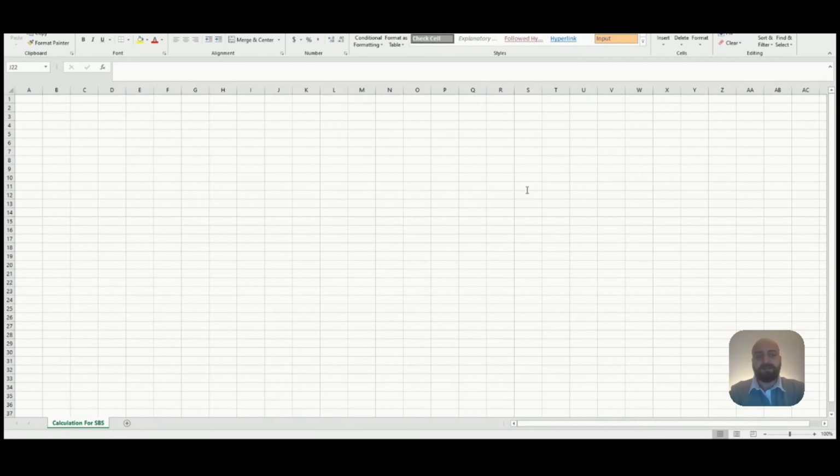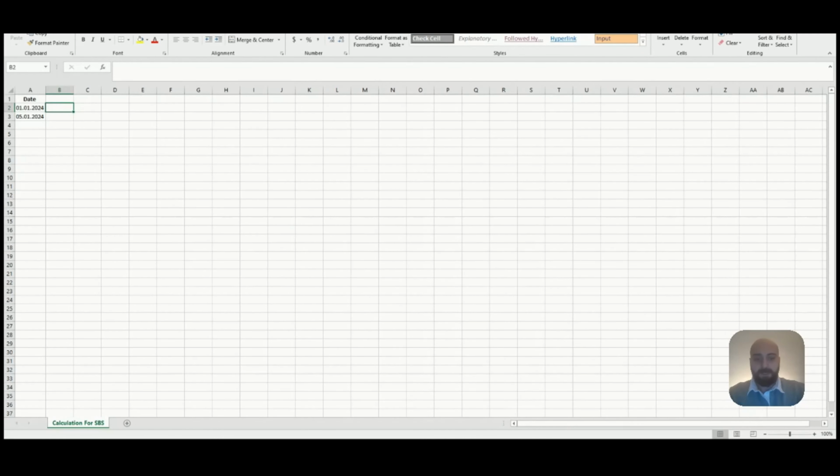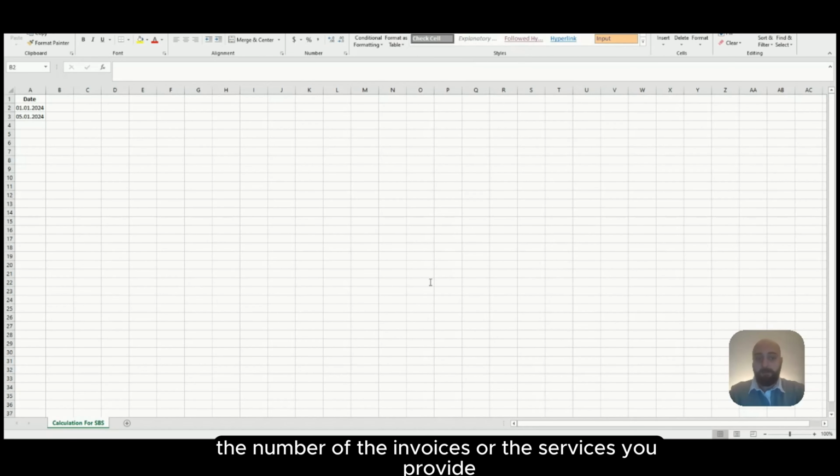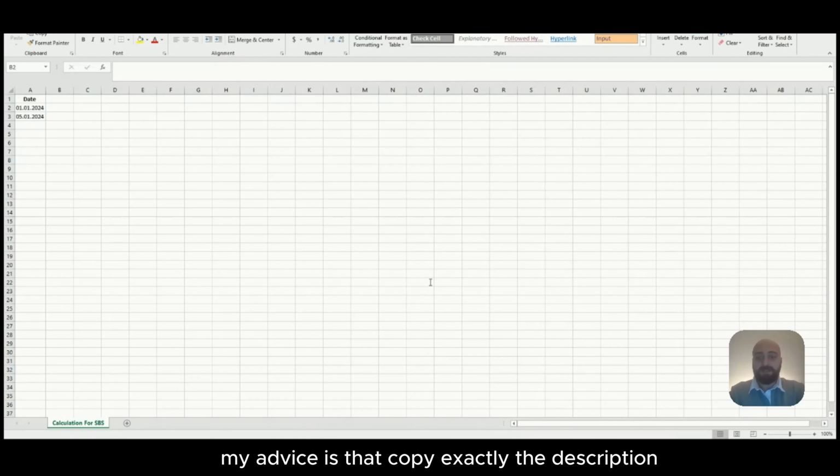Let's say here is a person, Alex, with a small business status, who received income on the 1st of January and 5th of January. The second important issue is what is written about the income in the description. It can be the number of the invoices or the services you provided. My advice is that you copy exactly the description from your bank statement.